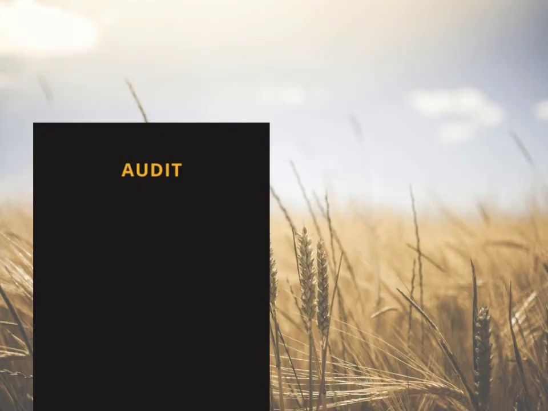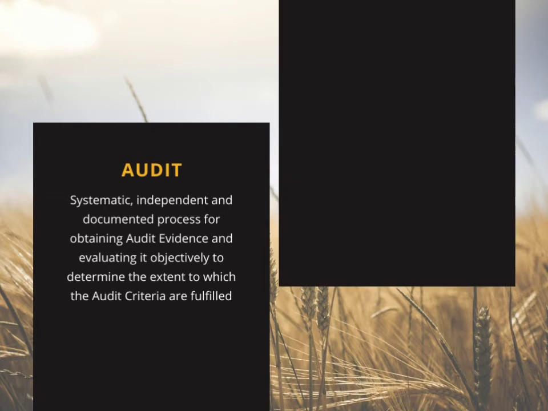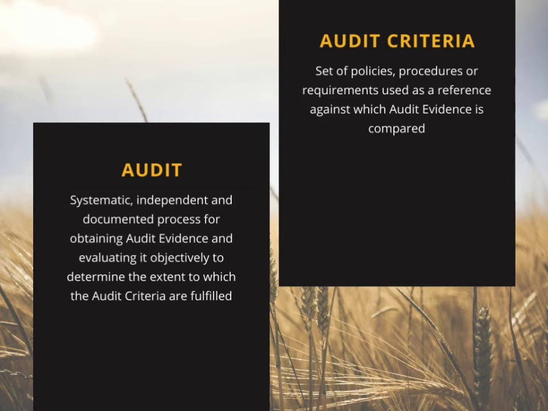First is the audit, defined as the systematic, independent, and documented process for obtaining audit evidence and evaluating it objectively to determine the extent to which the audit criteria are fulfilled. Next, audit criteria, defined as the set of policies, procedures, or requirements used as a reference against which audit evidence is compared.